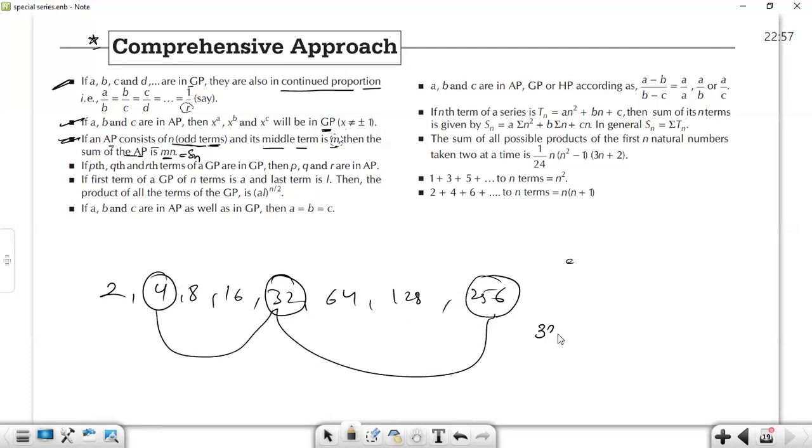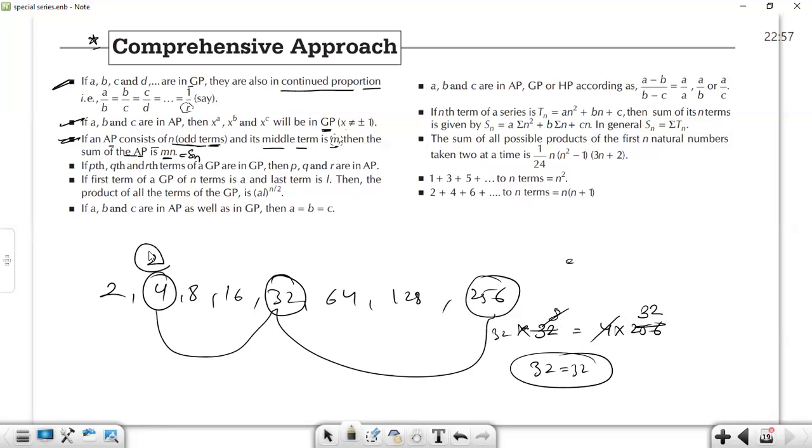We can say that 32 square is 4 into 256. Let's try to solve this. 32 square can be written as 32 into 32. 4 into 256 gives 1024, and 32 into 32 is also 1024. So it means these 3 terms are in GP.